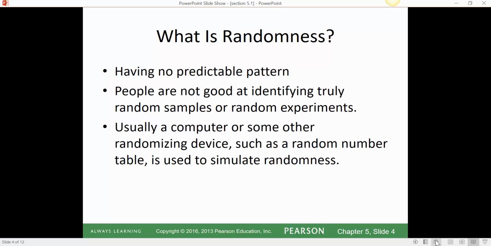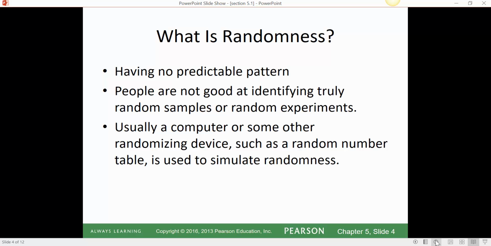First, let's recap what is randomness. Randomness is when we have no predictable pattern. It was also identified in the section, with an example where they asked someone to write down 10 coin flips randomly, and then they used a computer to generate them, and you can tell the difference, right?